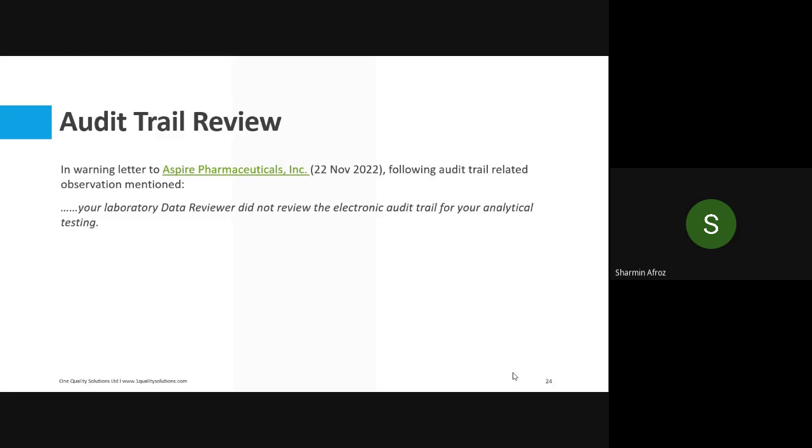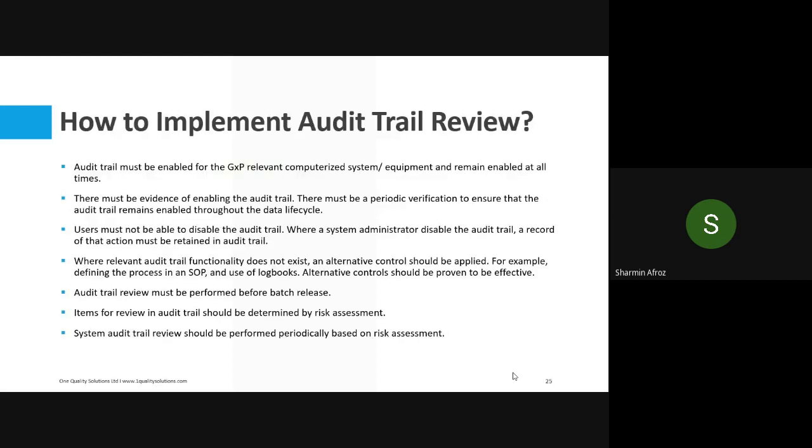That is, before approval of the document, the audit trail is not reviewed. The warning letter showed your laboratory data reviewer did not review the electronic audit trail for your analytical testing. So before approval of the document, during data review, audit trail should also be reviewed. It is the ideal practice, okay? Let's move to the next slide.